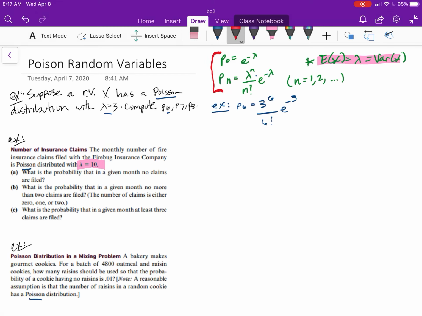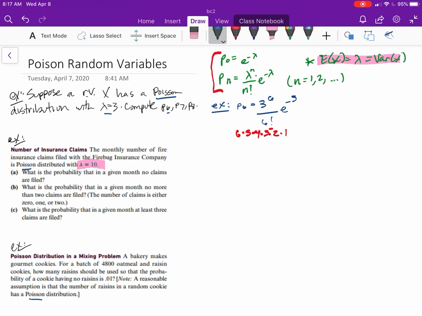Your calculator should have this factorial function. If you can't find it, remember a factorial just means 6 times 5 times 4 times 3 times 2 times 1. So whatever number it is, multiply all the numbers below it all the way down to 1. All right.